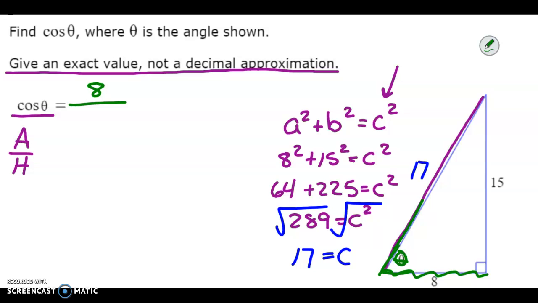And hypotenuse, regardless of the angle, is that longest side, which is 17. And that's your answer. You're just leaving it there. Okay? Cosine of theta in relation to the angle labeled as such is going to be that adjacent side of 8 over the hypotenuse of 17, and you're done there.